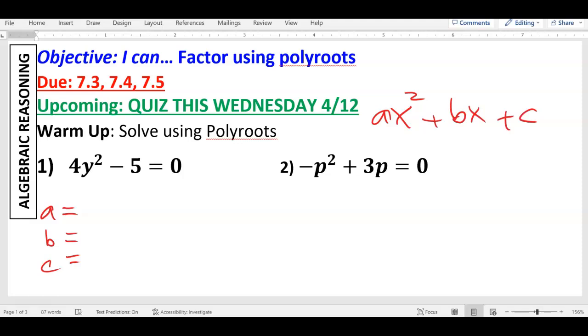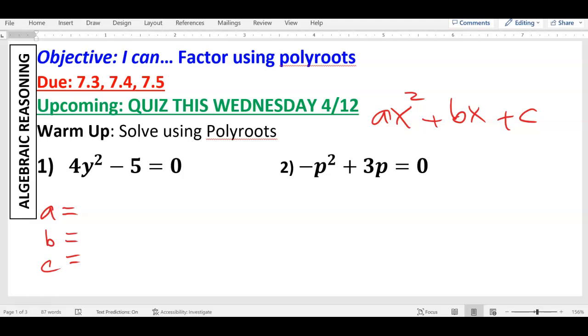Now, first things first, do you notice there's no x's on number 1 or 2, but that's okay. You're still going to pretend like those are x's. So this y, it's kind of like an x. It's a variable. So do I know the y squared coefficient? 4.